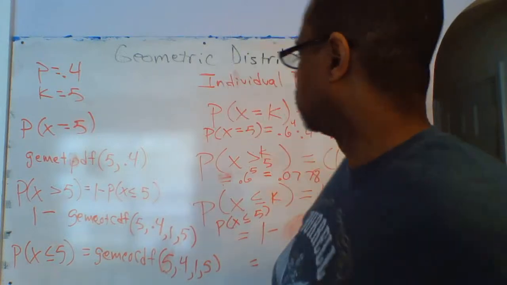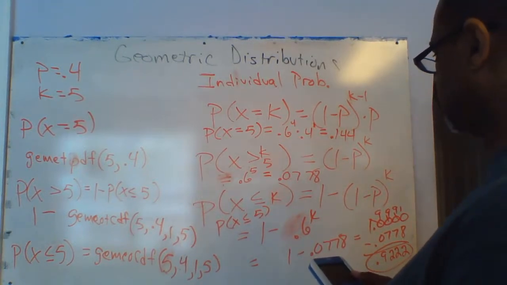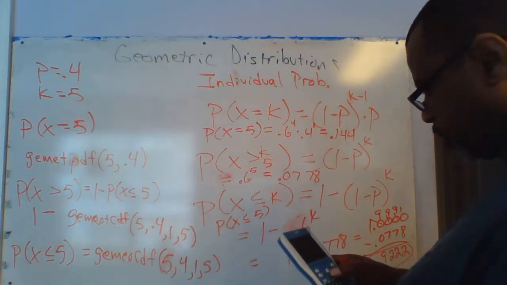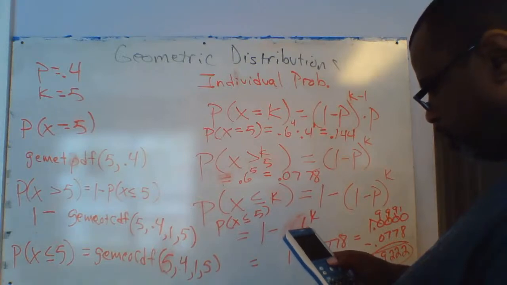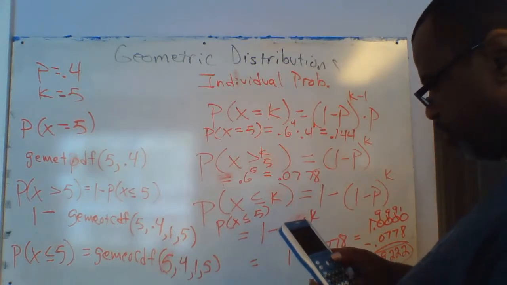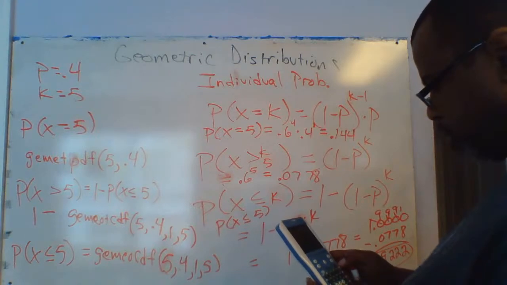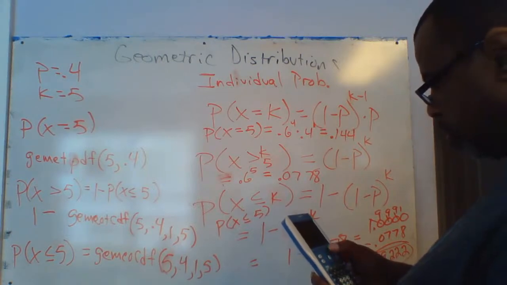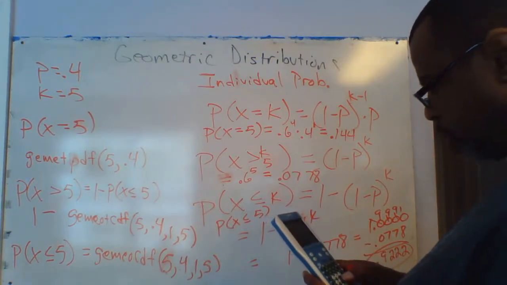Okay, so let me see. If I do menu, statistics, distribution, geometric distribution, and I have 5 and 0.4.